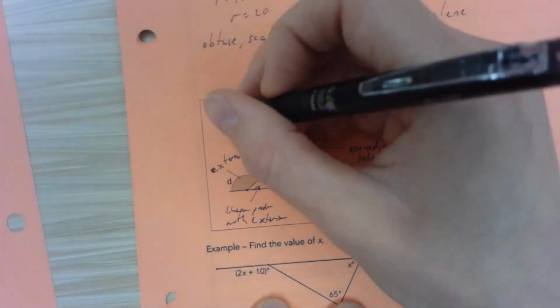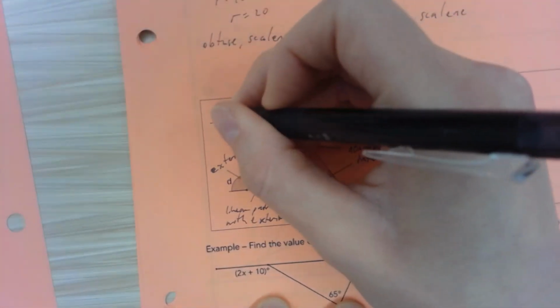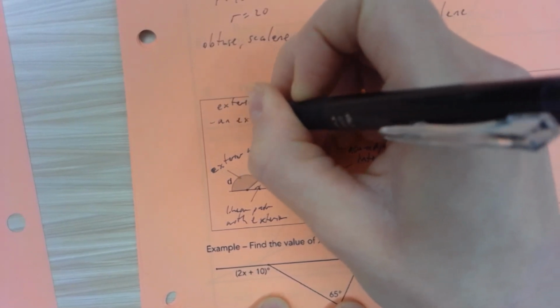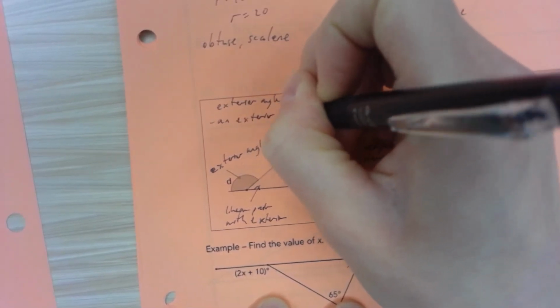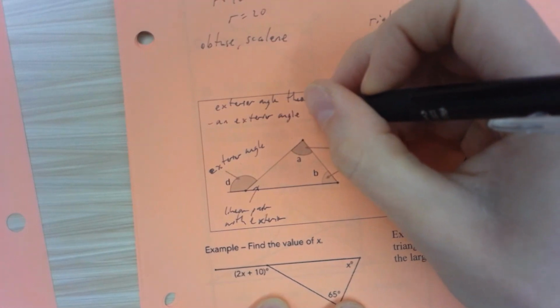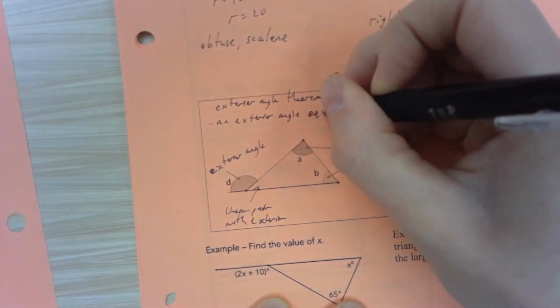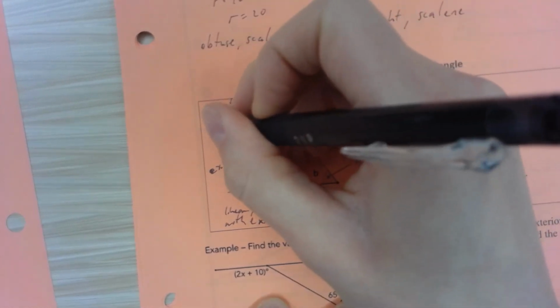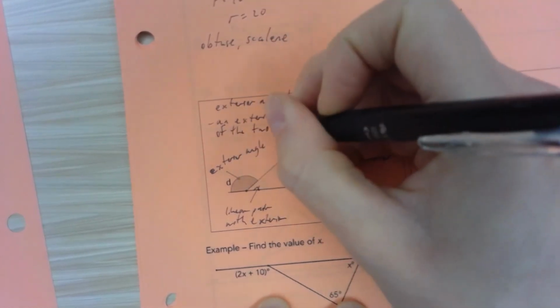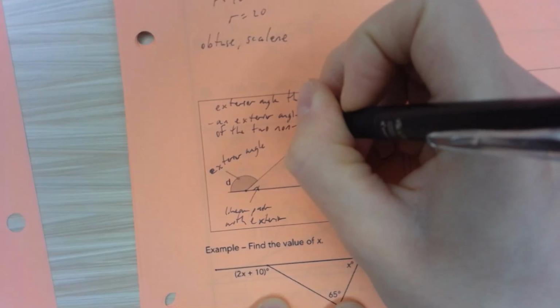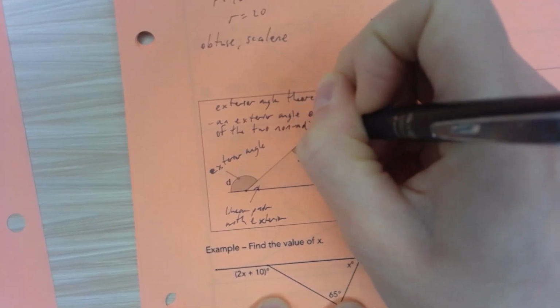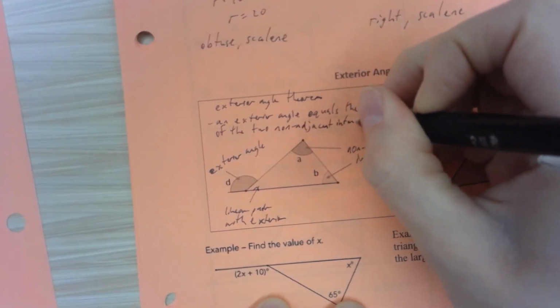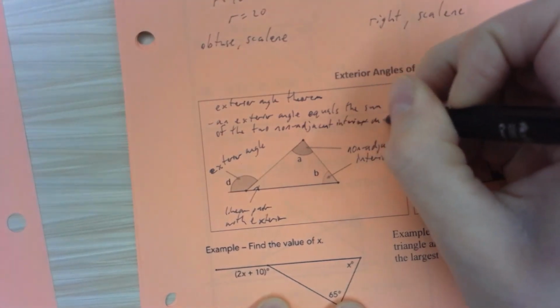So let's write this in words. An exterior angle equals the sum of the two non-adjacent interior angles.